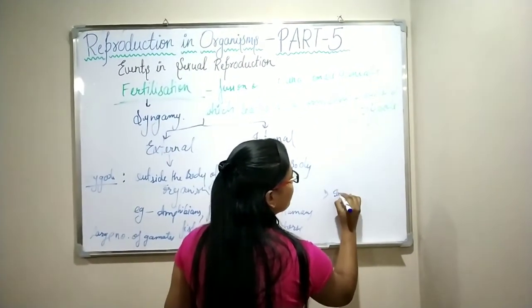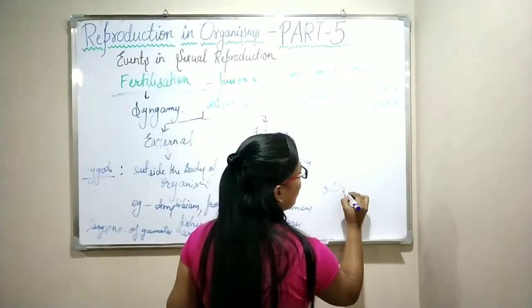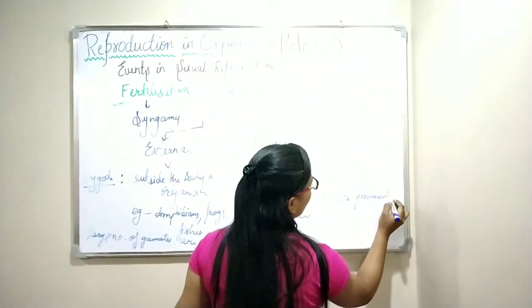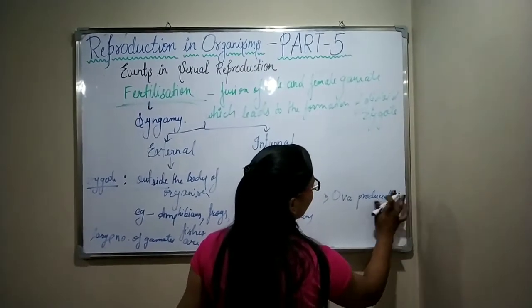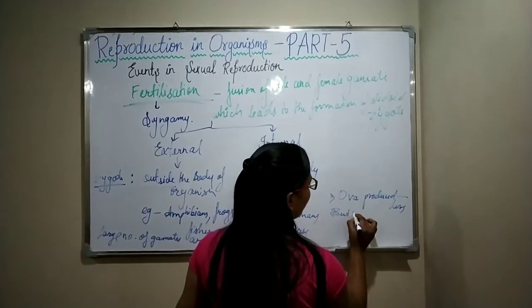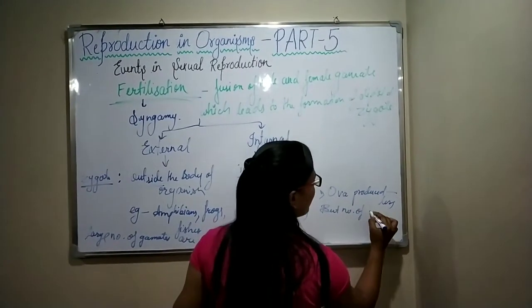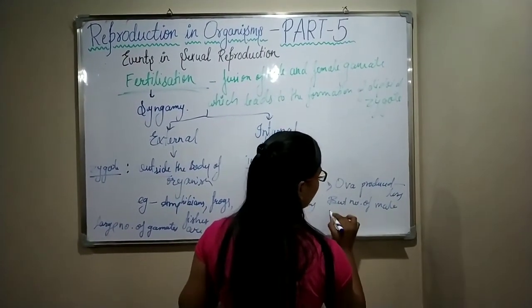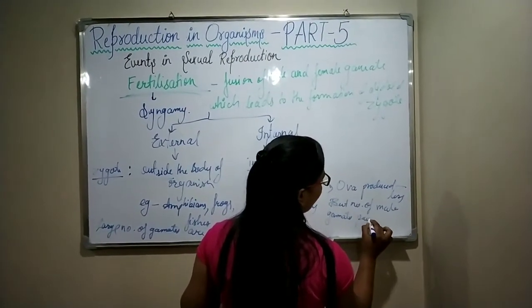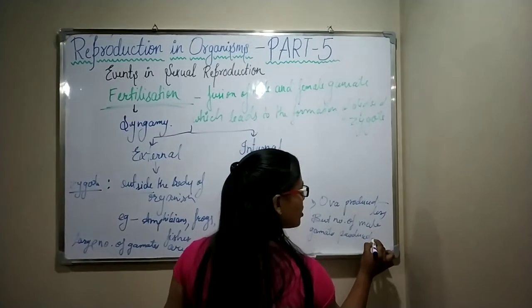In this, the number of ova produced is less, but the number of male gametes produced is large.